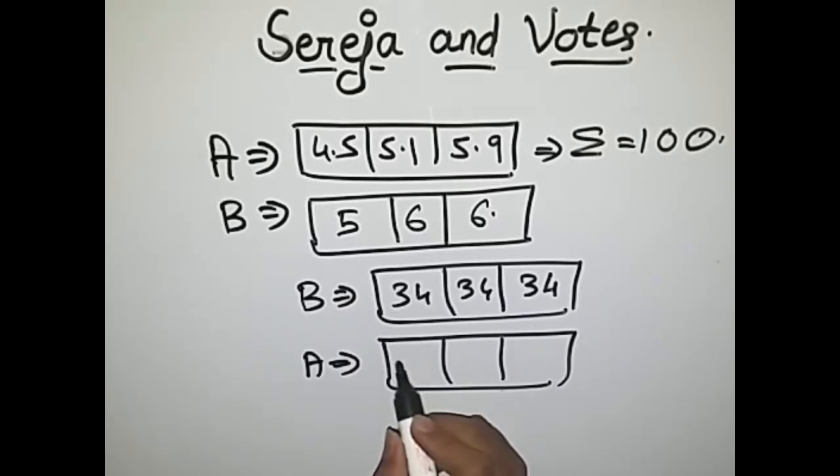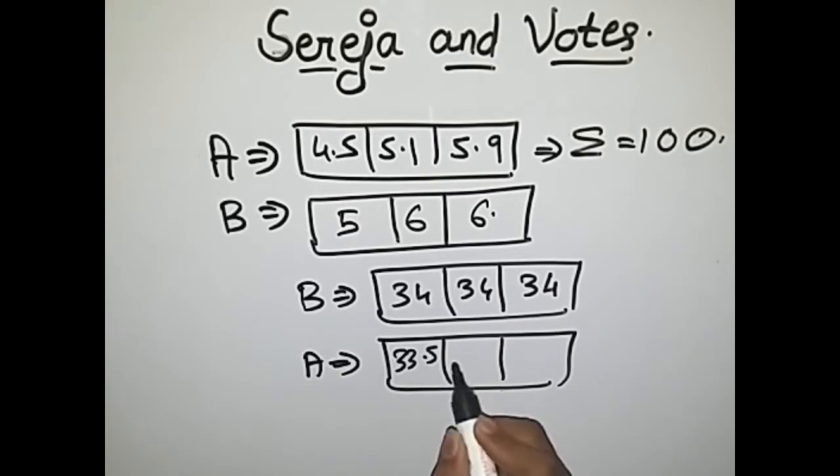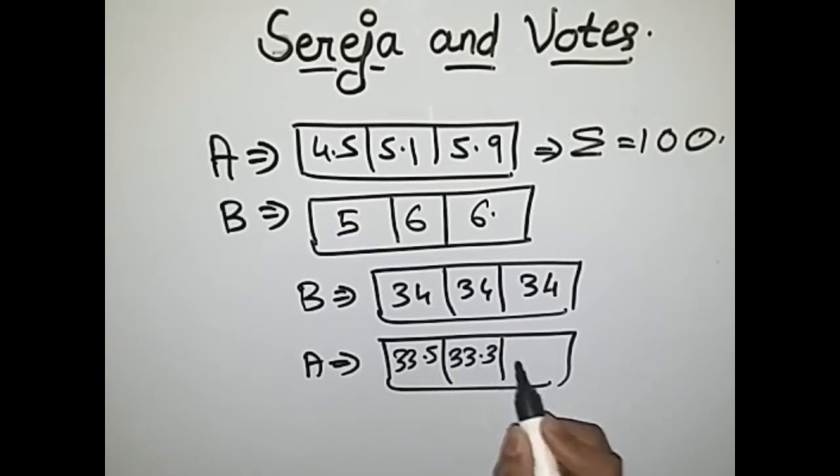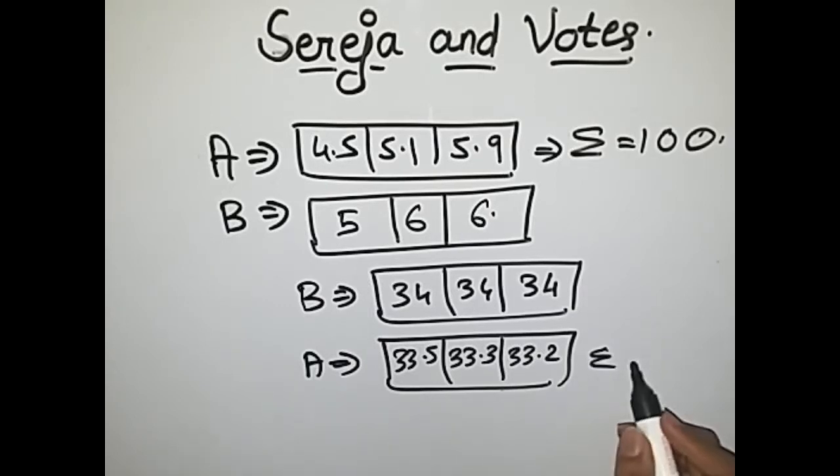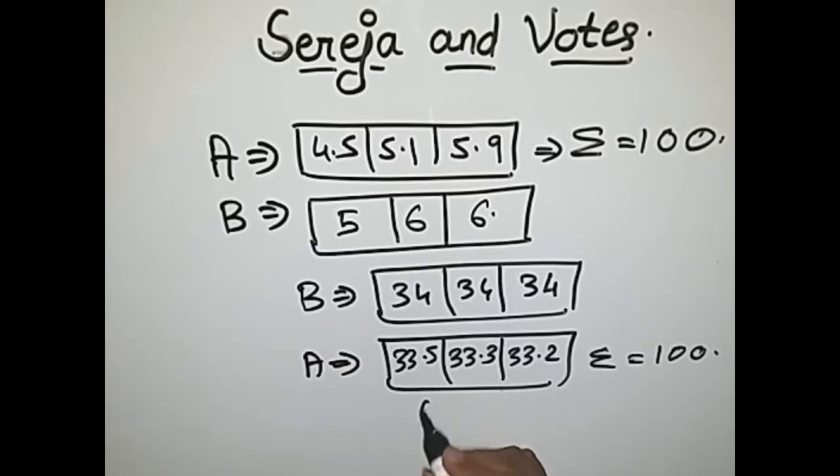So let's take 33.5, 33.3, 33.2. The summation of array A is equal to 100, so for this test case our program should print the answer as yes.